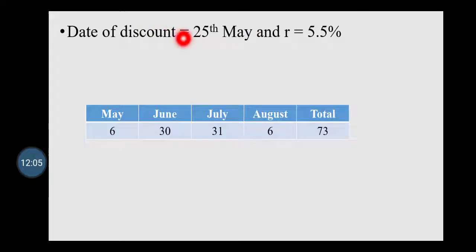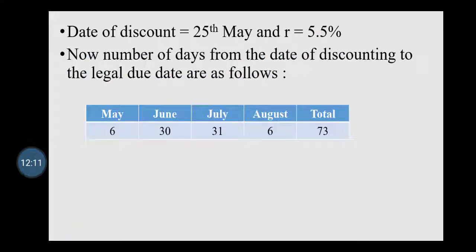Date of discount 25th May and rate is 5.5%. So now number of days from the date of discounting to the legal due date are as follows. The days are May 6 days, June 30 days, July 31 days, August 6 days. So total days are 73.